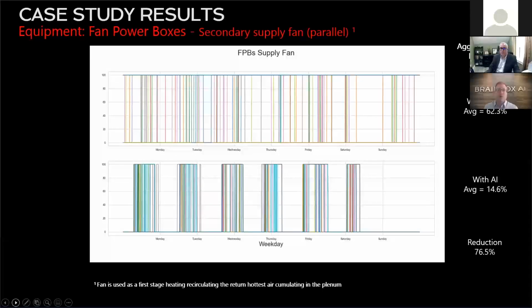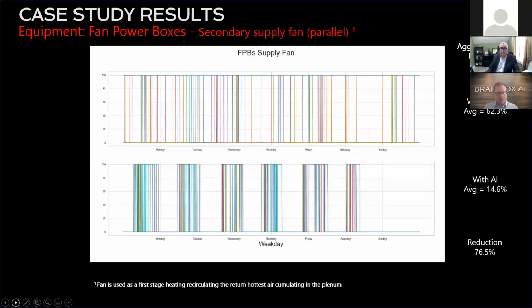This is where we can start looking at runtime reduction examples. In this example, these are fan powered boxes. They tended to run a lot more, probably for a reheat strategy, or having to turn on because I need to heat the zone up a little bit more with their electric reheat. But when BrainBox was implemented, it cut all of that noise out and really standardized when the boxes needed to run based on occupancy of the space.